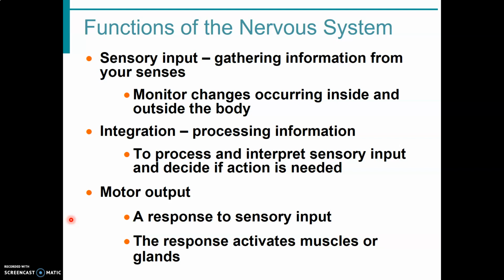If our brain does decide that an action is needed, then we have some sort of motor output, an outward response to that sensory input. And our response activates specific types of muscles or glands or organs, whatever the case may be.